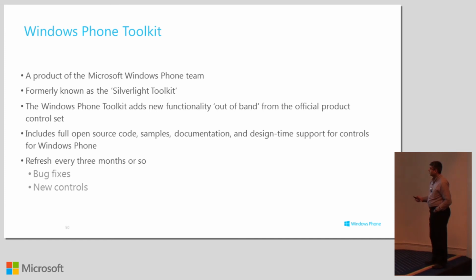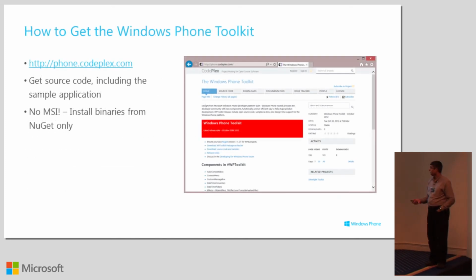We have something called the Windows Phone Toolkit, which is available on Codeplex, and this provides you additional capabilities which were not shipped as part of the phone. Page transitions and things like that are part of the phone toolkit. If you remember, I spoke about the long list selector.